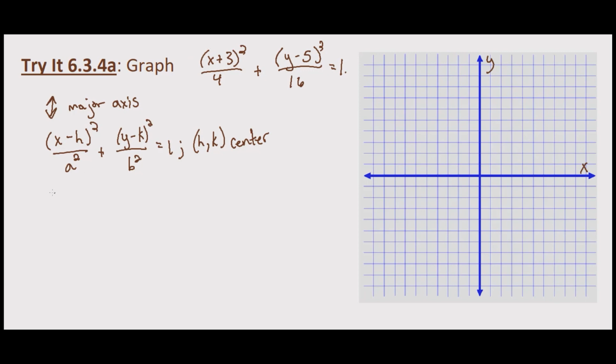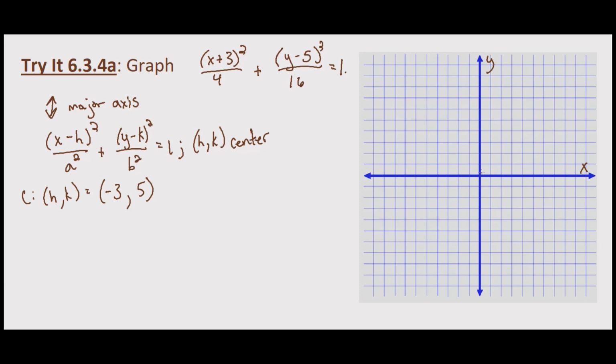So our h is negative 3, because we're adding 3 to x, and it's x minus negative 3. And then y minus 5, that's going to give us a k of just 5. So now we know our center is at negative 3, 5.